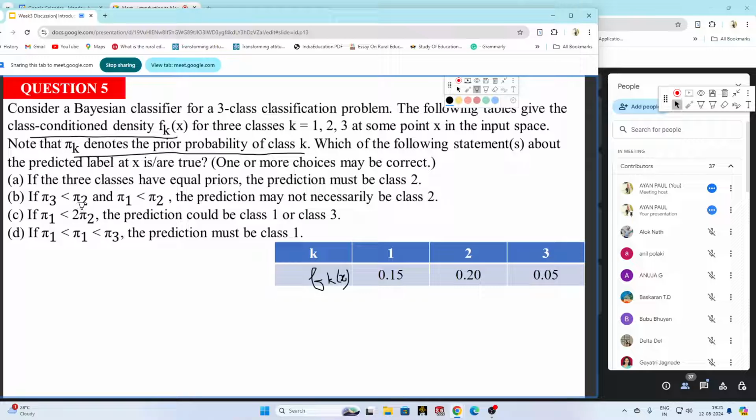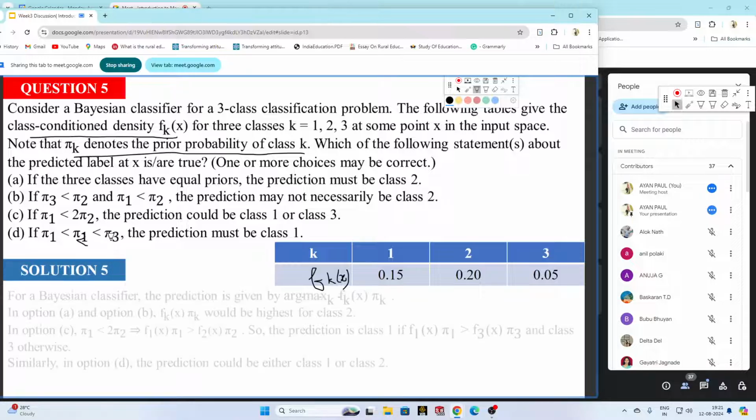If pi 3 is less than pi 2 and pi 1 is less than pi 2, the prediction may not necessarily be class 2. If pi 1 is less than 2 pi 2, the prediction could be class 1 or class 3. If pi 1 is less than pi 2 less than pi 3, the prediction must be class 1.